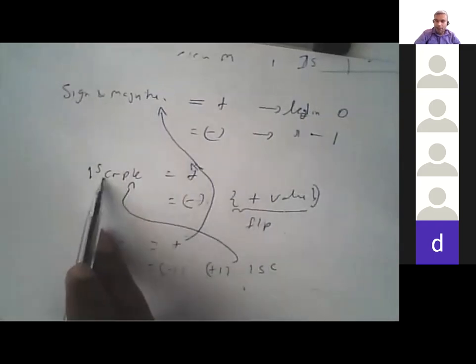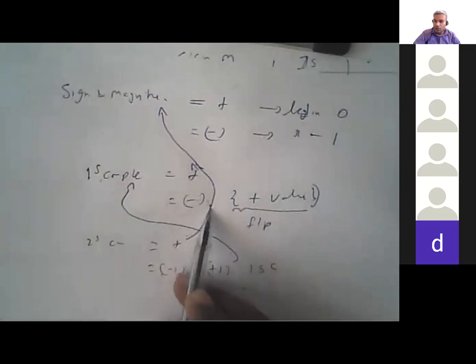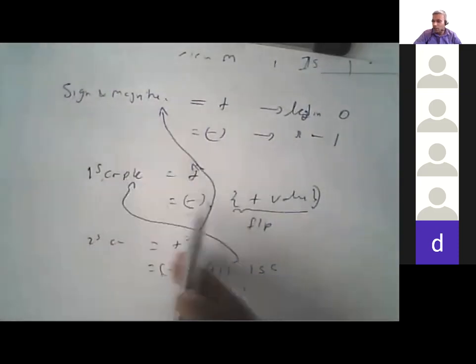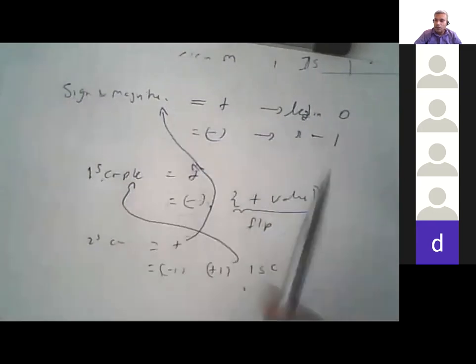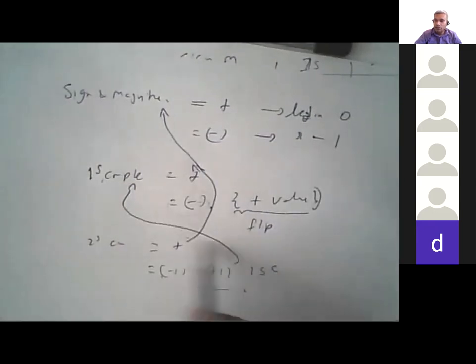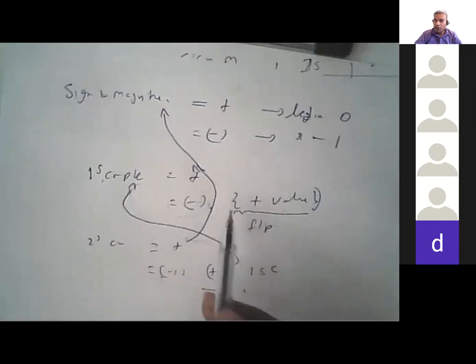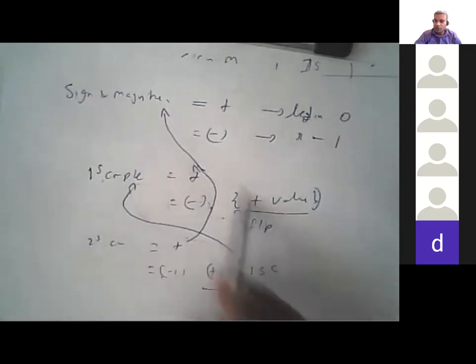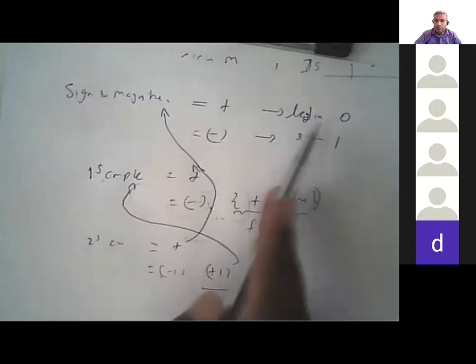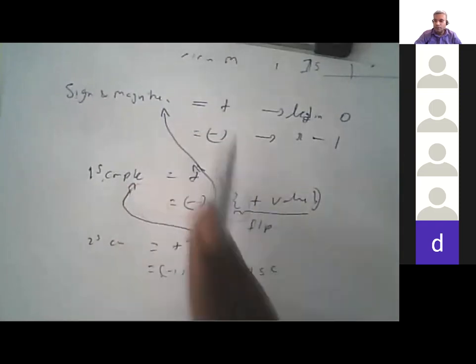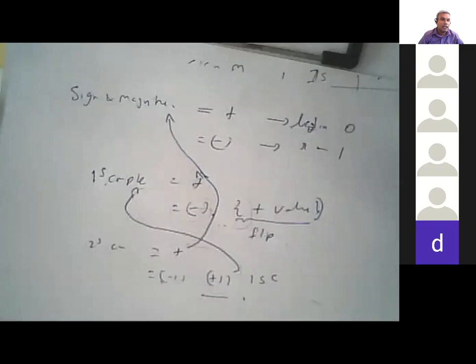And in the 1's complement, if you have a negative number, you take the normal magnitude method with a leading 0 and do the flipping. So to do this one, you actually calculate the 1's complement, and to calculate the 1's complement negative numbers, you actually do the magnitude method with the leading 0 and flip it. So that's how all the three are connected with each other.